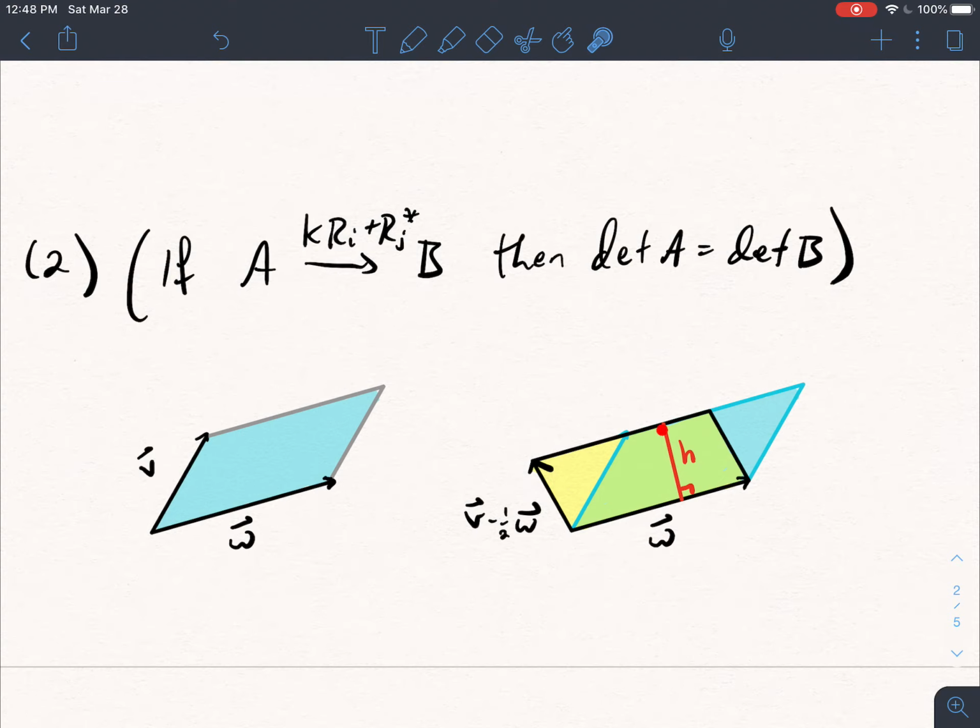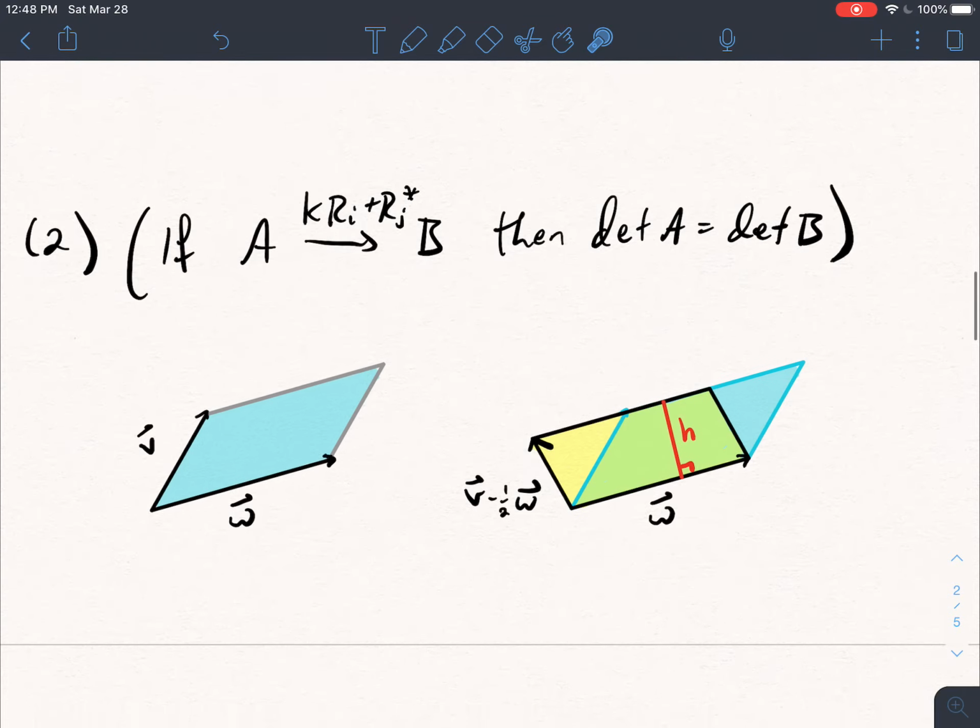Taking v plus a scalar multiple of w does not change this height at all, so the area is still the base times that same height no matter what our scalar is, and thus my size remains unchanged. So size functions satisfy the second property, and now we have 2 of the 4 properties.